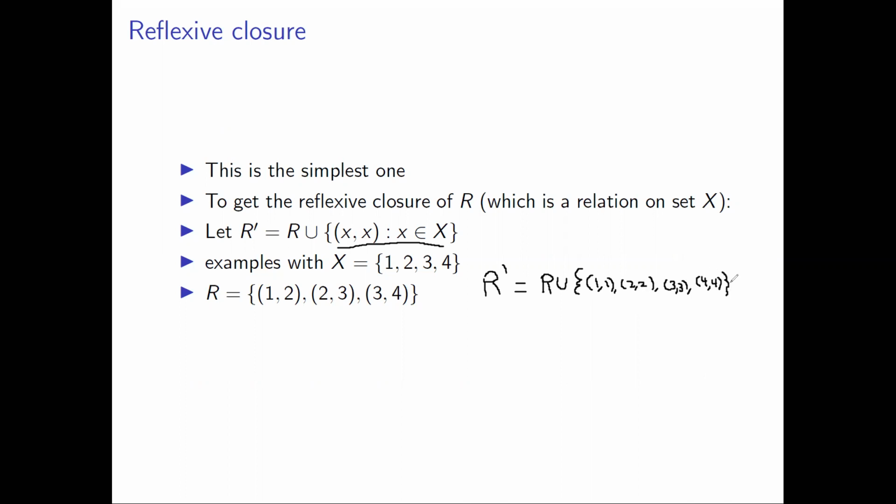And when I calculate that union, I get the following set. So the set I end up getting has cardinality of 7.